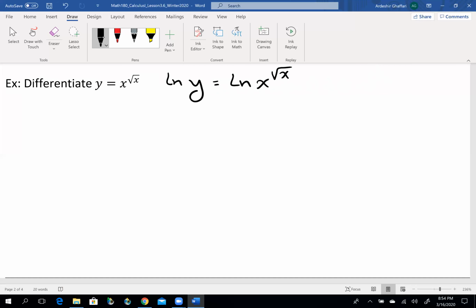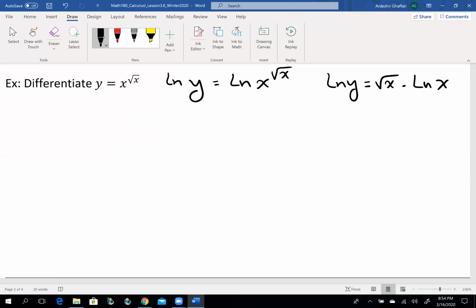Here I can use the logarithm property. So I can rewrite this as natural log of y equal to, bring this exponent in front, the square root of x times natural log of x.